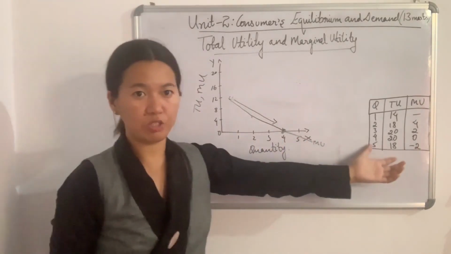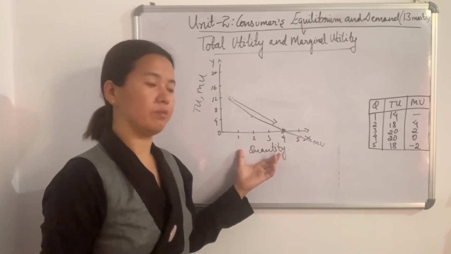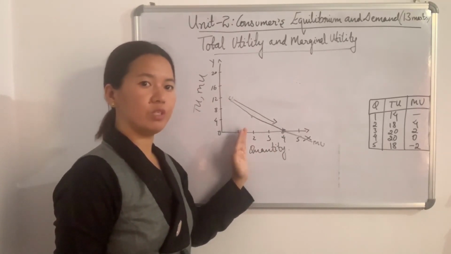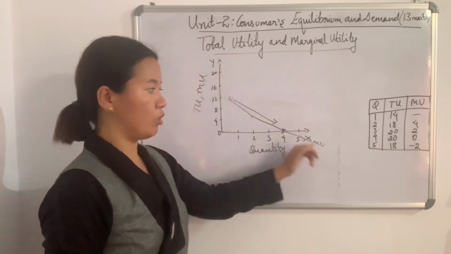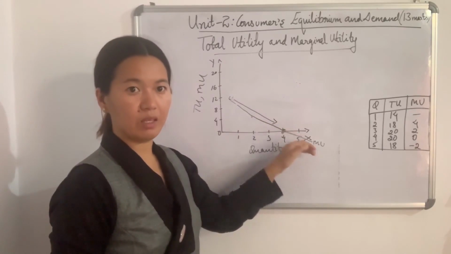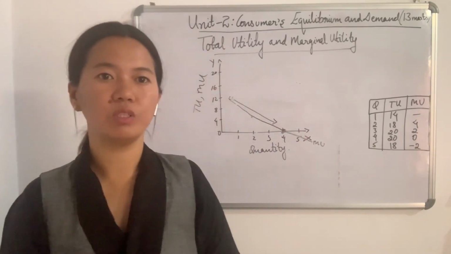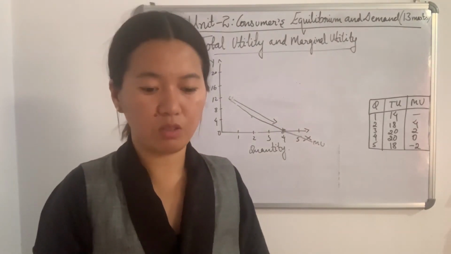You can use the same schedule and the same diagram. Here you can see that as I consume one more unit of the commodity, my marginal utility tends to decline. It becomes zero and then it becomes negative. This is the diagram for the TU and MU relation, and also for the law of diminishing marginal utility.